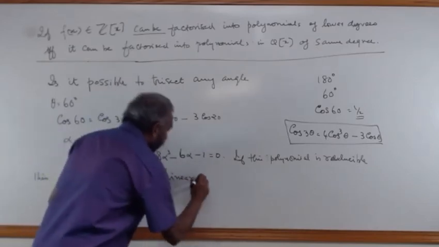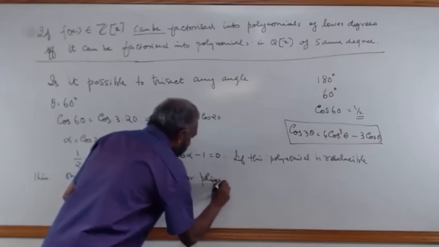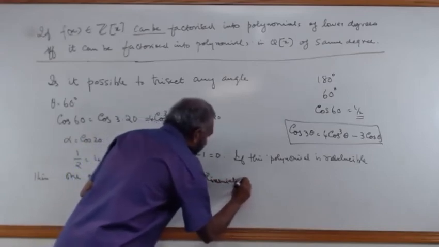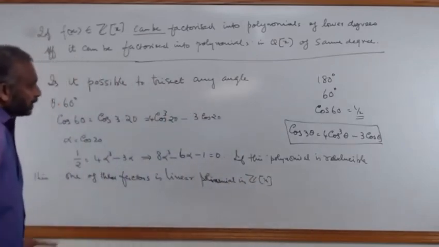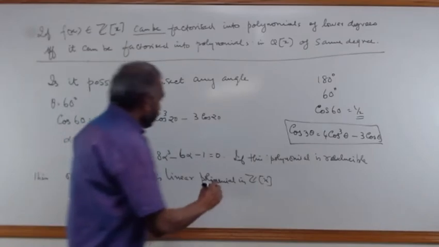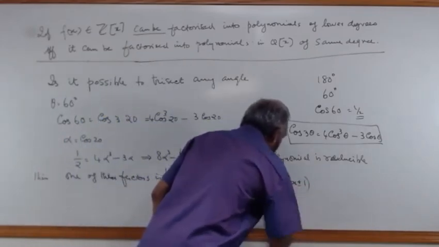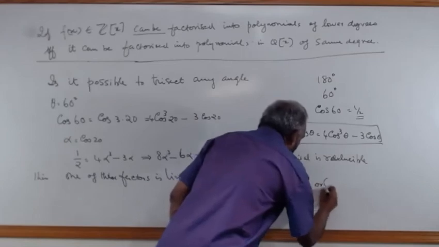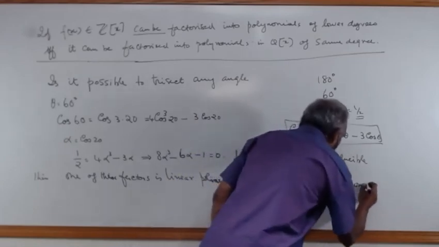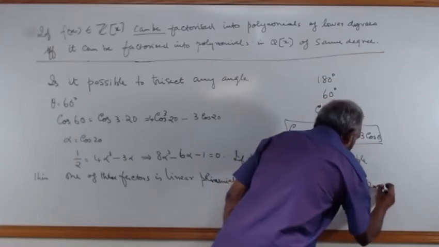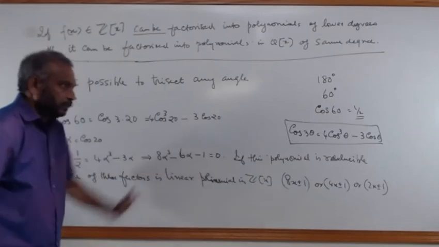Linear polynomial in Z of x. So definitely that has to be either 8x plus or minus 1, or 4x plus or minus 1, or 2x plus or minus 1, because of this.